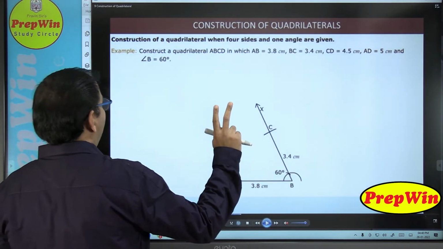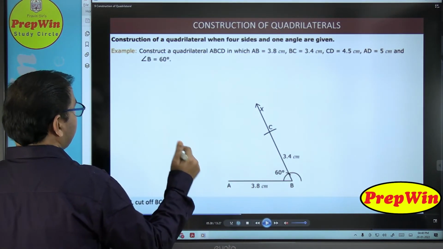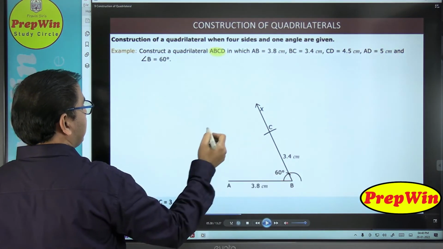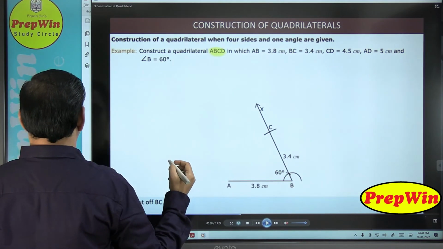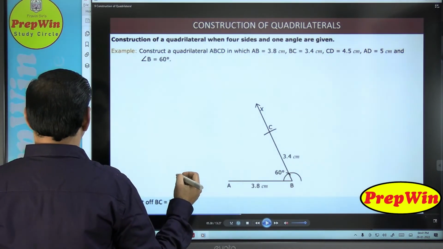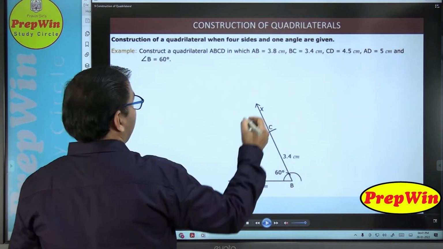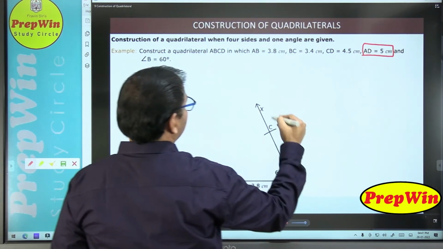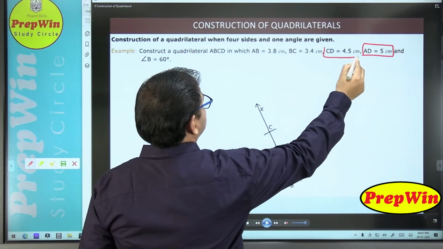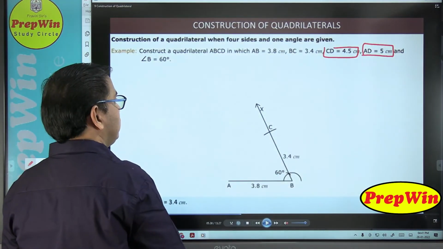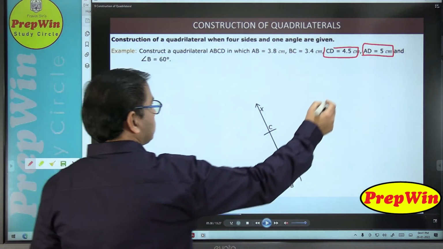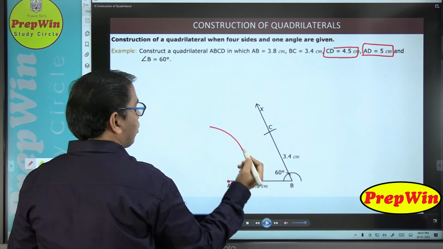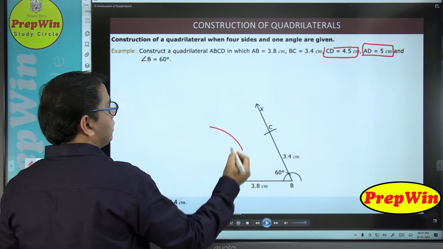Now we want the last point, that is D. Out of 4 points A, B, C and D, we have 3 points. How to get this? From A, the distance of D is 5 centimeter, and from C, the distance is 4.5 centimeter. So these two pieces of information we are going to use. From A, we will draw an arc for 5 centimeter.